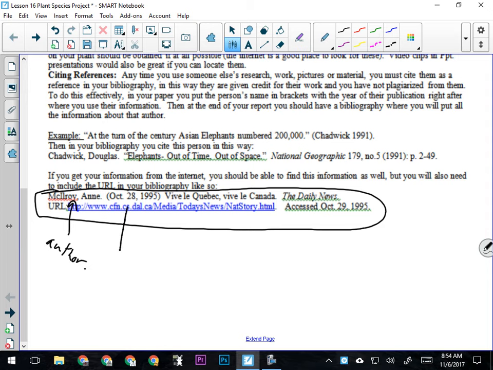So this is the date the article was posted. Usually you can find that. If you can't, then it's the last day the site was updated. It's usually on the homepage.